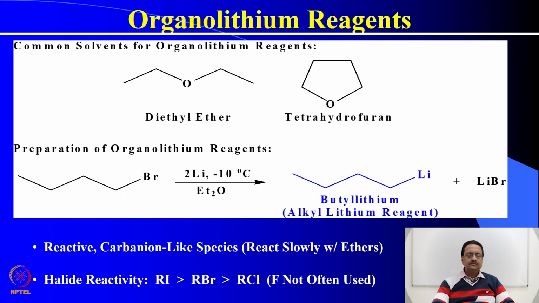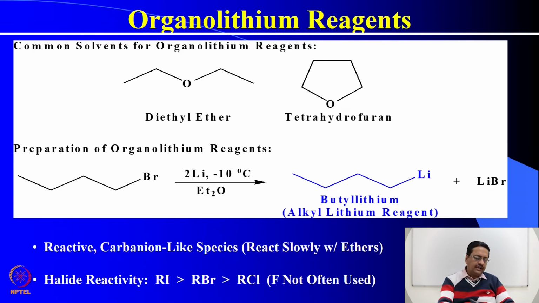So when we try to use these reagents which have carbon-metal bonds, these reagents are always very highly moisture sensitive. That means they are hygroscopic in nature. So their reactions should be done in a very dry condition and without any trace of moisture.